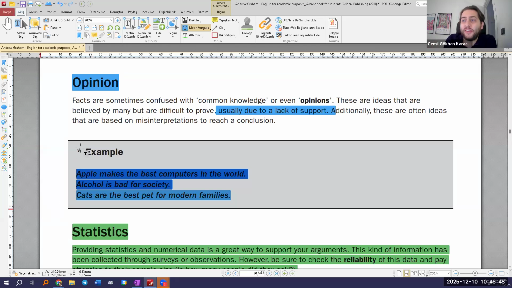I cannot think of any other detrimental effects of alcohol right now.